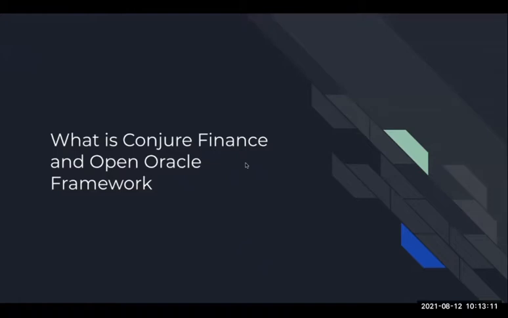All right. One short outlook on what the Conjure.finance Open Oracle framework is in general. As I said, Conjure lets any user create any synthetic assets they can imagine on Ethereum or on any other chain. We are just a toolbox, which is permissionless and open source, and you can provide any Oracle data feeds you can imagine.